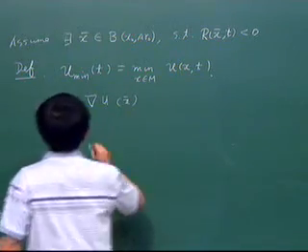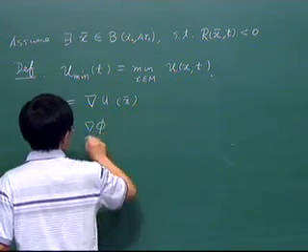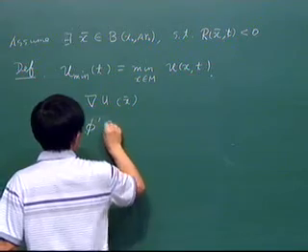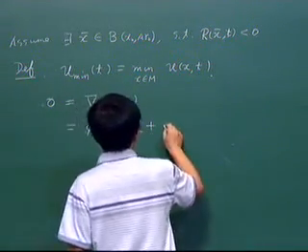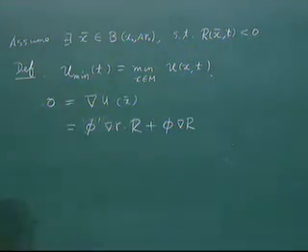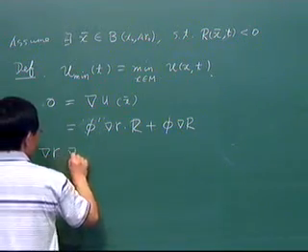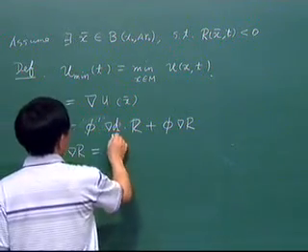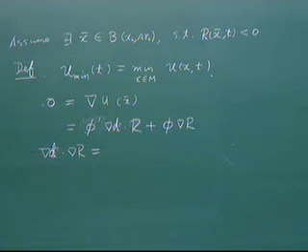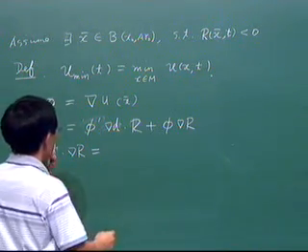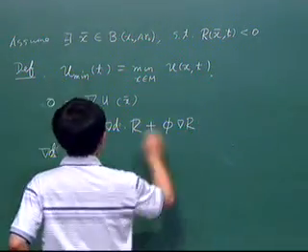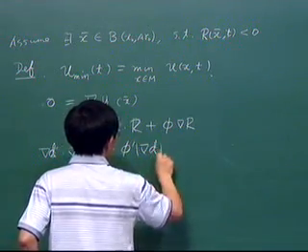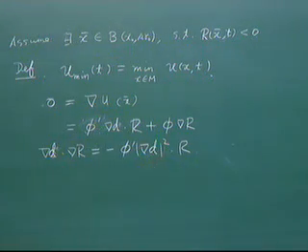So actually we have gradient phi times R plus phi times gradient R. So that means we have gradient d, gradient R, and so it equals gradient R. We have minus phi prime gradient d square R, which has a phi here.